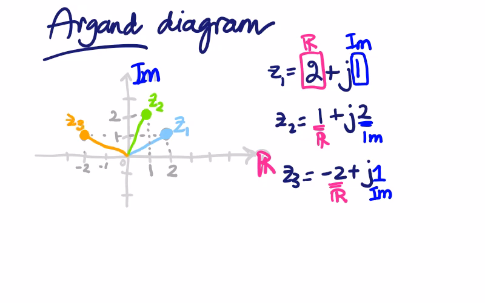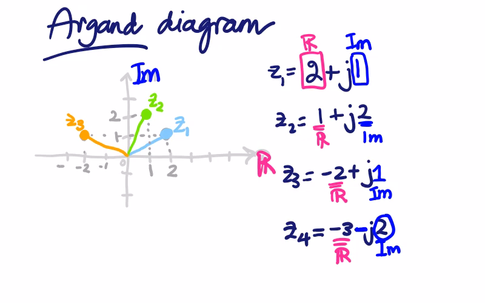Then we have Z4, which is negative 3 minus j2, and remember j is sometimes used as i. Some authors will use i instead of j, but it's the same meaning. So real part negative 3, imaginary part, not 2 actually, but look at what's in front of the j. So let's be careful, negative 2.